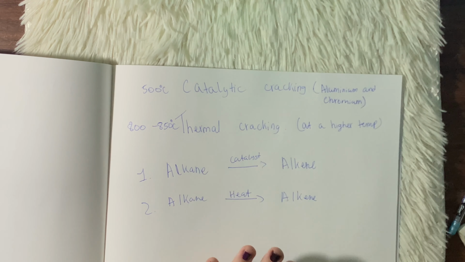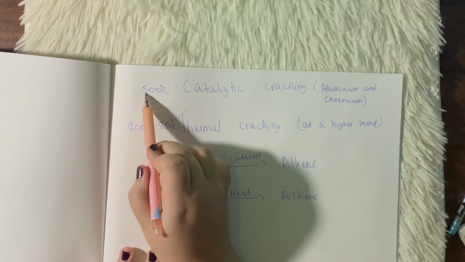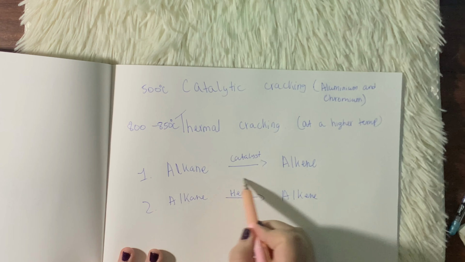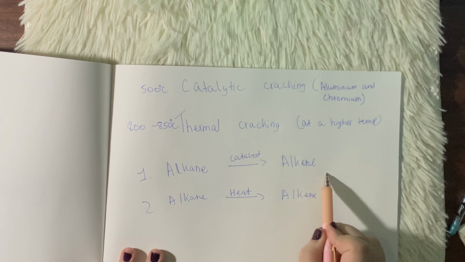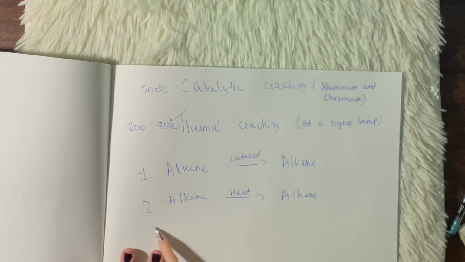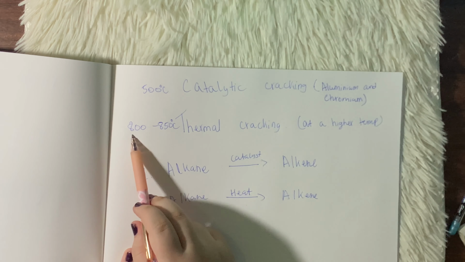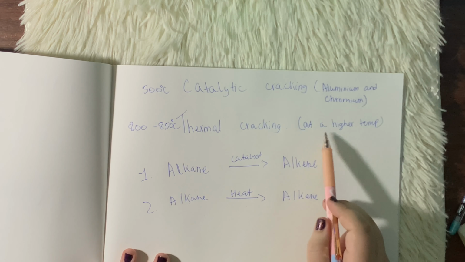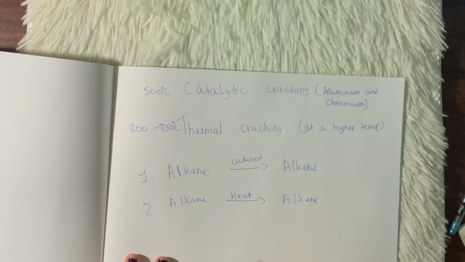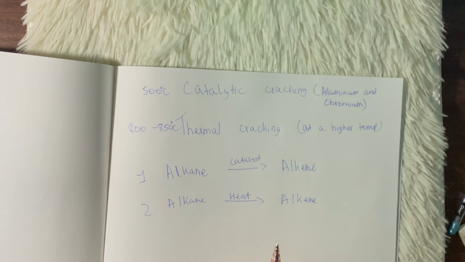Those are the catalysts used in this reaction. These catalysts are heated to about 500 degrees, while thermal cracking happens at a higher temperature. And that's how we can get the alkenes.